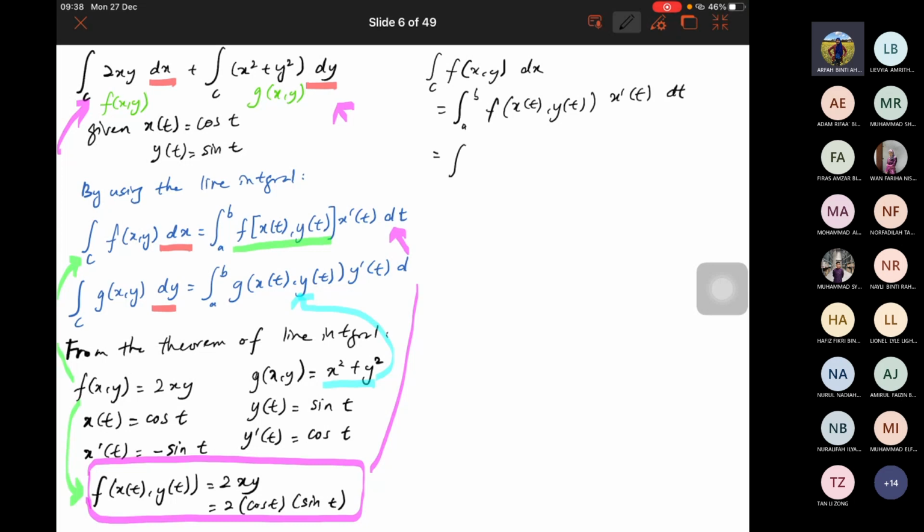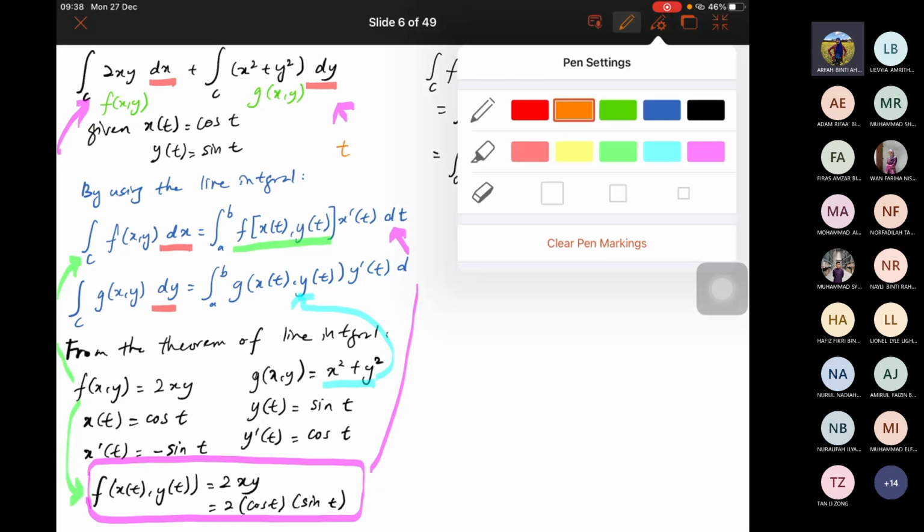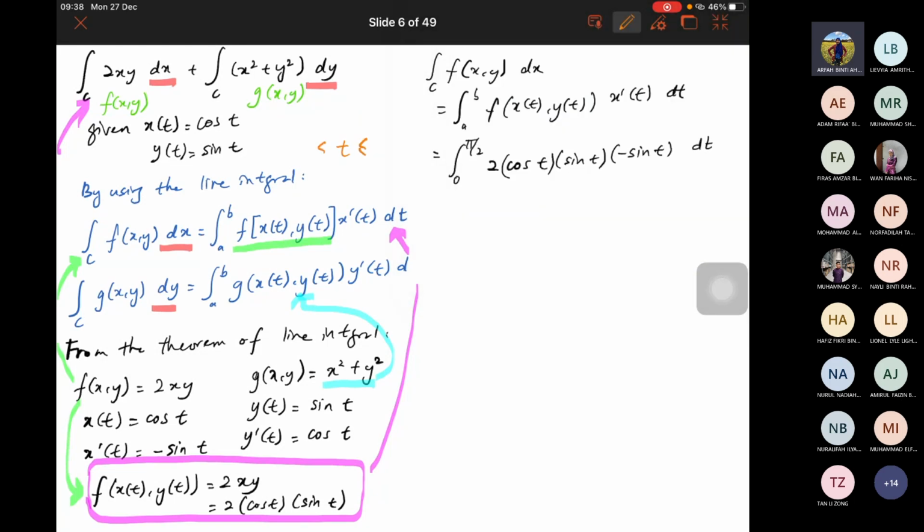So sama dengan integration daripada 0 sampai pi per 2 cos t sin t, and your x prime t is negative sin t dt. Okay. T is between 0 sampai pi per 2. Okay. That is why akan dapat that one. Okay.